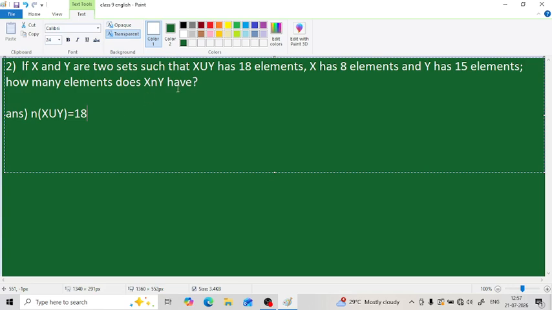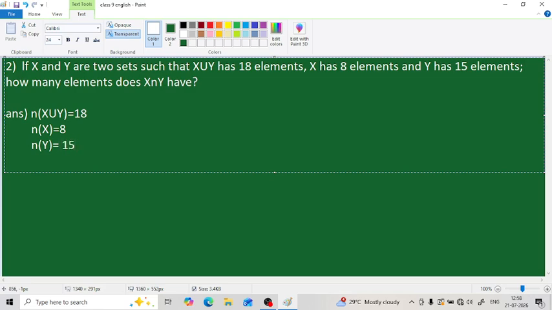Okay, so what is our next line? X has 8 elements. So from that what can we write? Since x has 8 elements, we can write n of x equal to 8. Okay, then our next one. It is given that y has 15 elements, isn't it? So what can we write? N of y equal to 15.